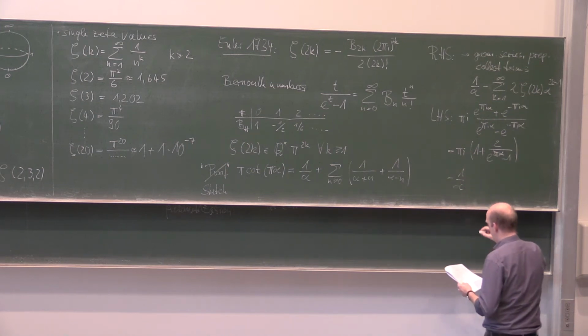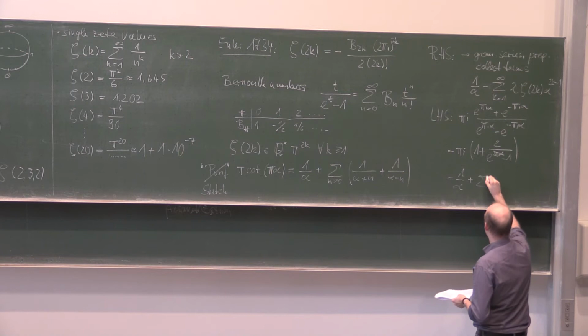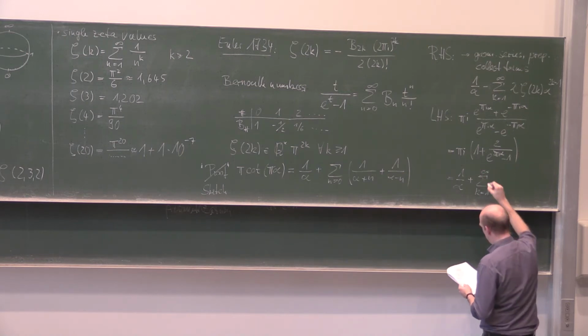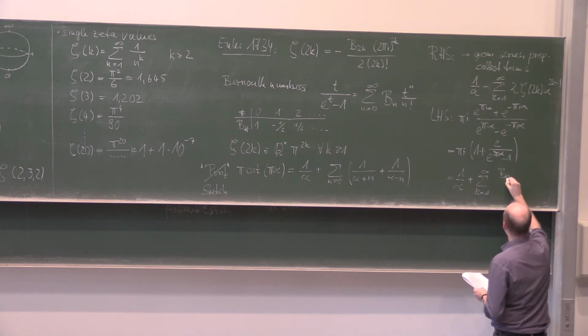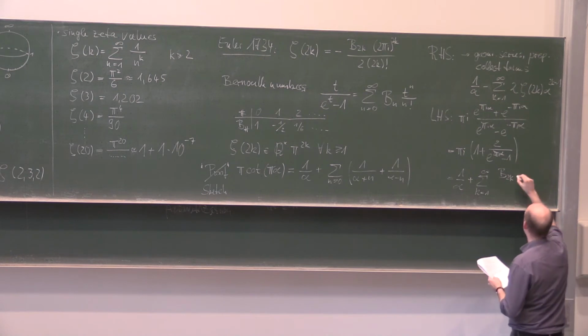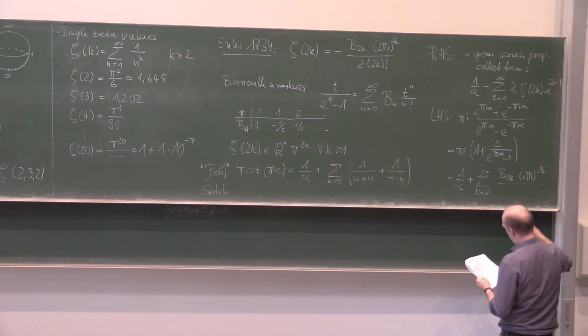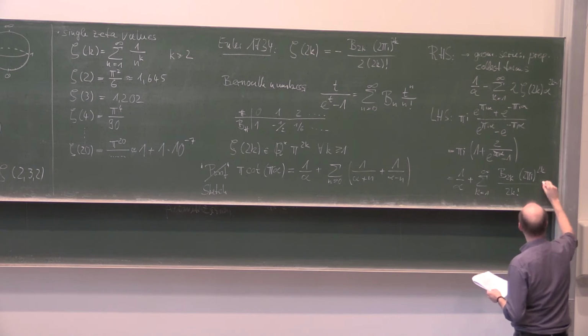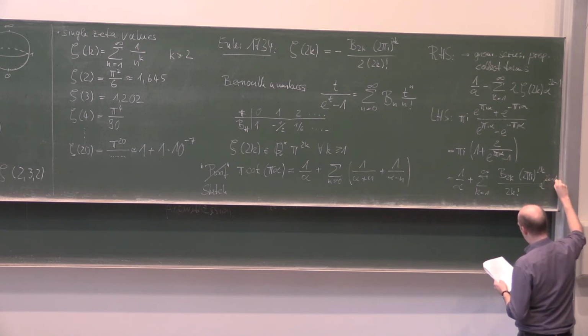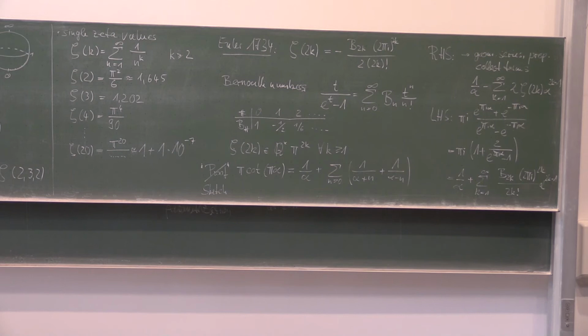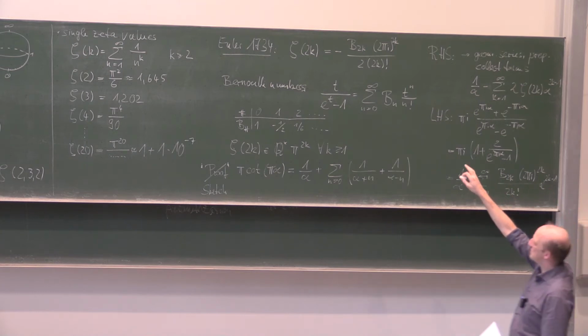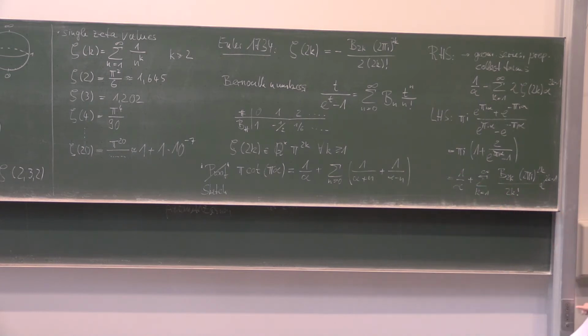So that is 1 over alpha plus the sum over k equal 1 to infinity of B_2k (2 pi i) to the 2k over (2k) factorial, and then there's alpha to the 2k minus 1. And then you compare the coefficients, and by comparing the coefficients, you can show that for each power, you need to have the equality between the two sides of the equation.